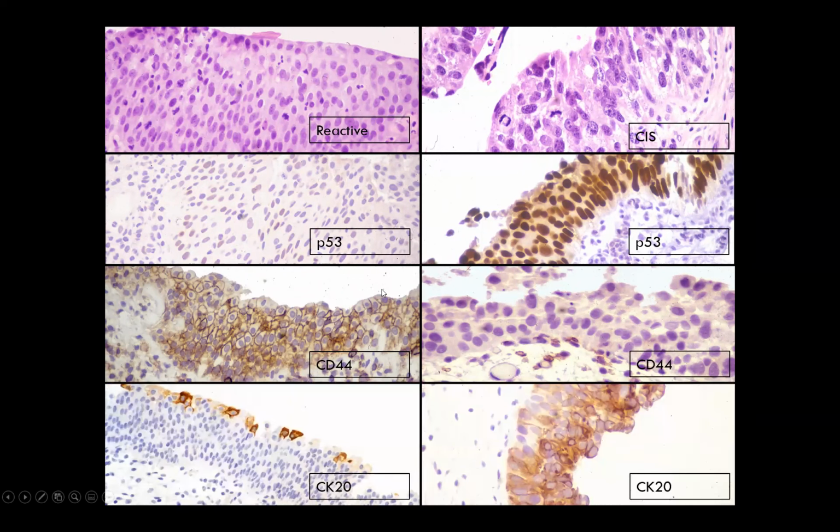And then finally, we have CK20, which in reactive conditions should stain only the top layer or the umbrella cell layer. However, in carcinoma in situ, it most often stains the entire thickness of the urothelium. So this would be your ideal situation. And when one sees this, one might think, okay, this seems to be very useful. So why do we need to struggle with morphology? Let's just use IHC for all these cases.